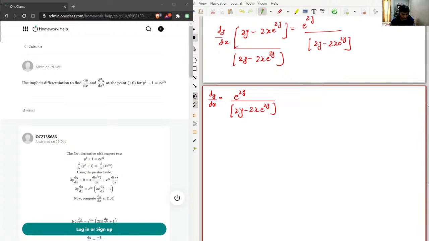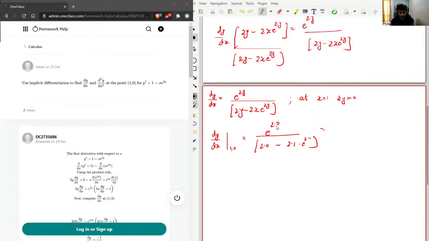Now we need to calculate this at the point 1 comma 0. So at x equal to 1 and y equal to 0, we'll substitute in this. dy by dx at 1 comma 0 is e power 2 times 0 over 2 times 0 minus 2 times 1 times e power 2 times 0.